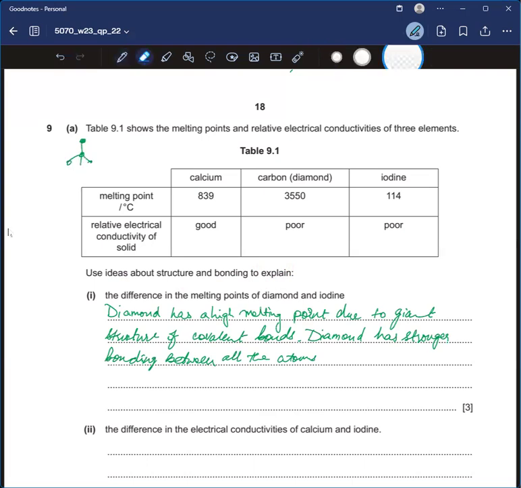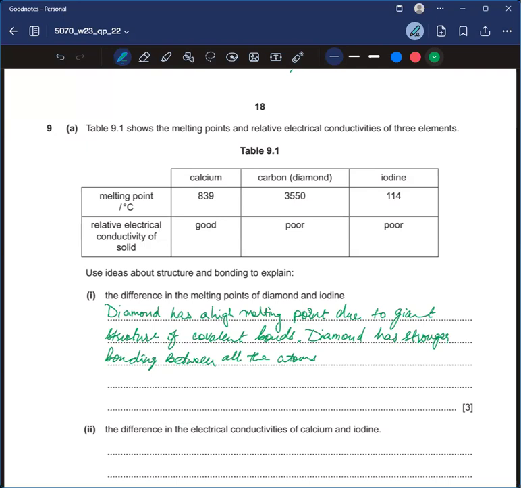There are several carbons bonded in diamond, something like this, so there is a high number of covalent bonds, which require a high amount of energy to break.